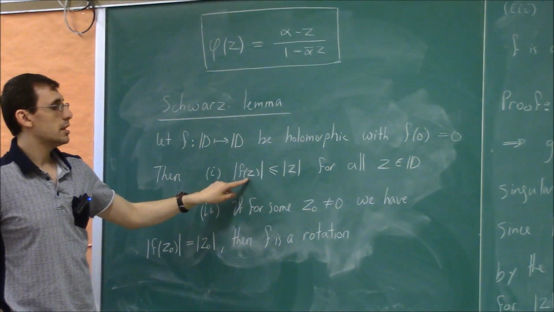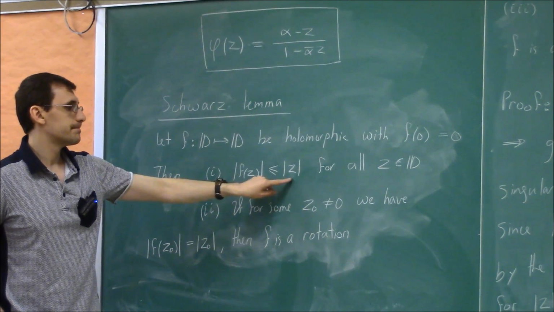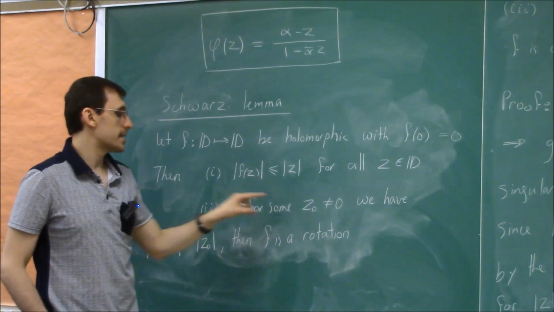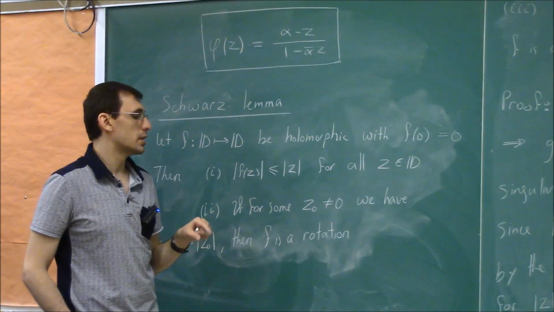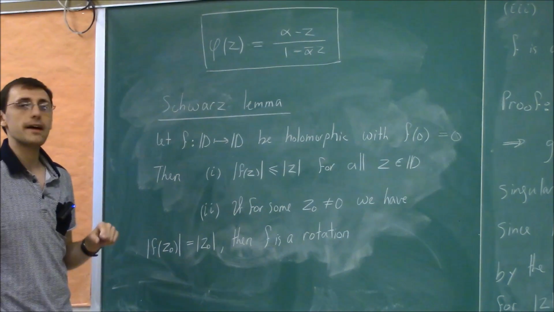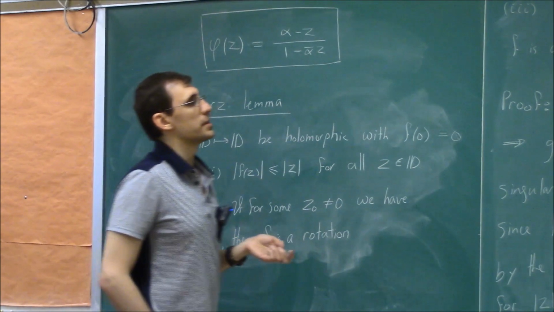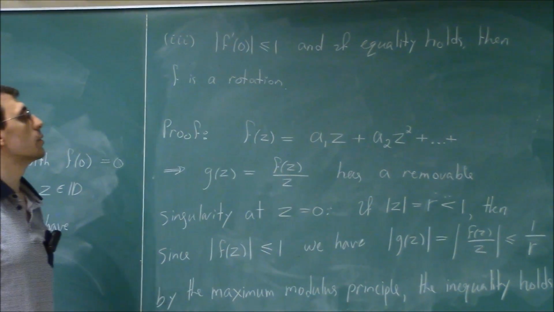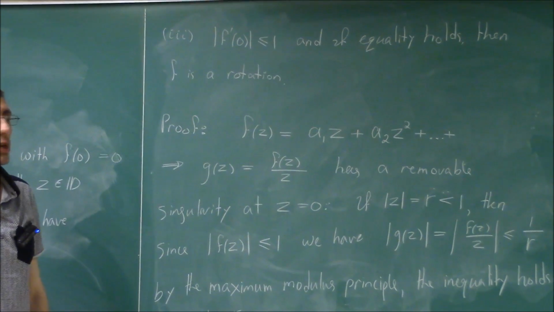First, the modulus of f of z will always be smaller than the modulus of z. Second, if at some point z naught not equal to 0, the modulus of f of z naught is equal to the modulus of z naught, then f is a rotation. Third consequence is about the derivative: the modulus of the derivative of f at the origin is always no bigger than 1. And if equality holds, then again we have a rotation.